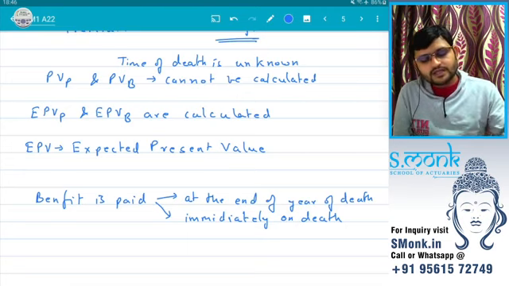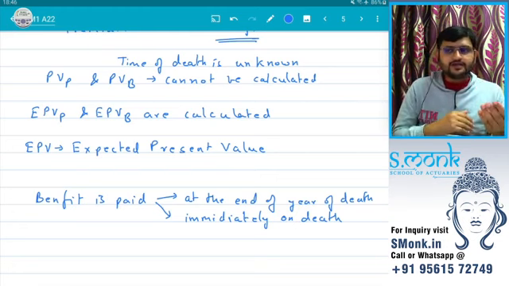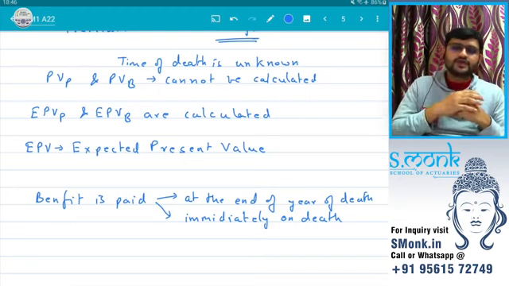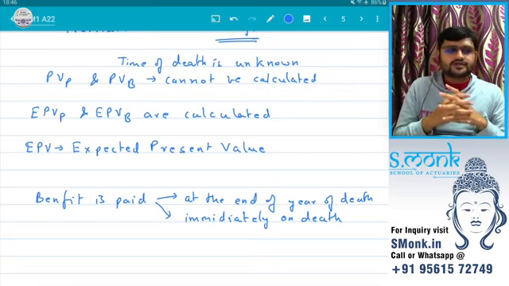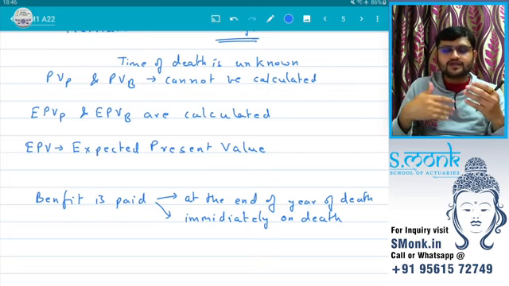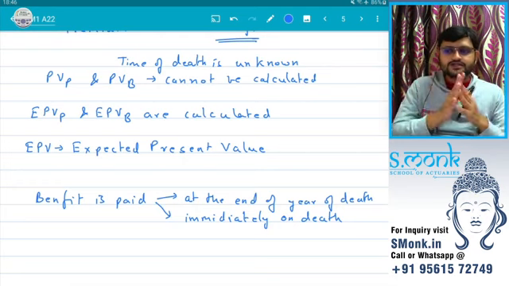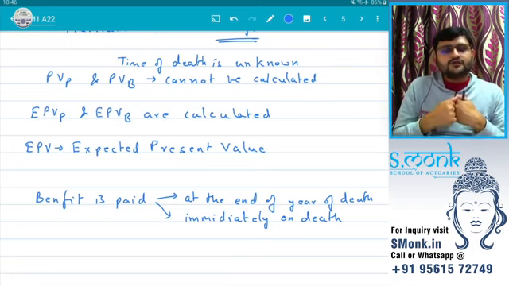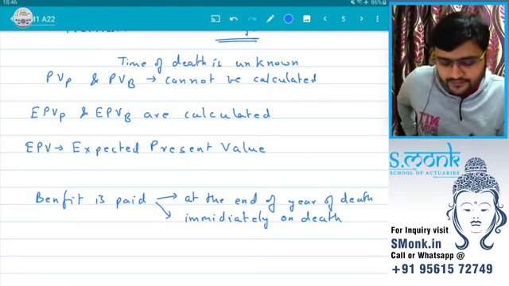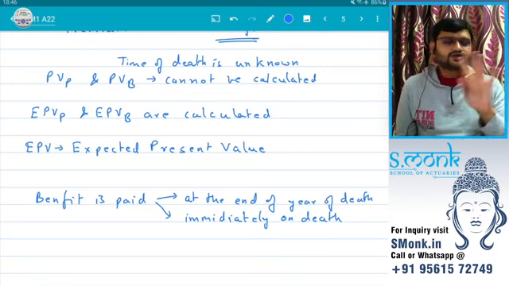In real life, when the family puts in the claim, it takes usually 15 days to 3 months for the company to process and pay the amount. But for calculation purposes, that is not how we will be calculating.